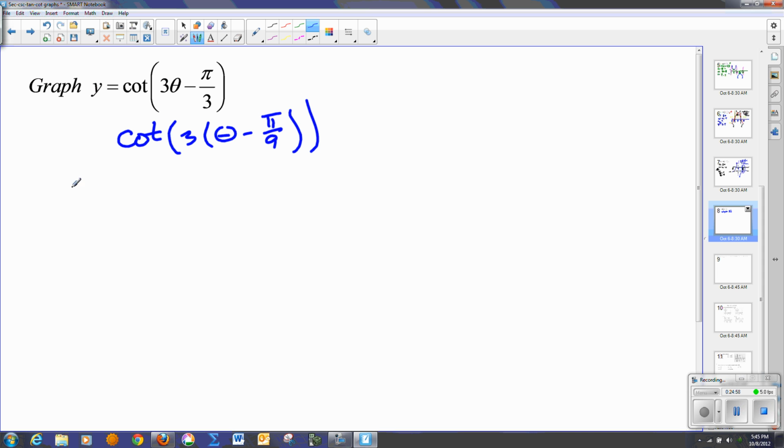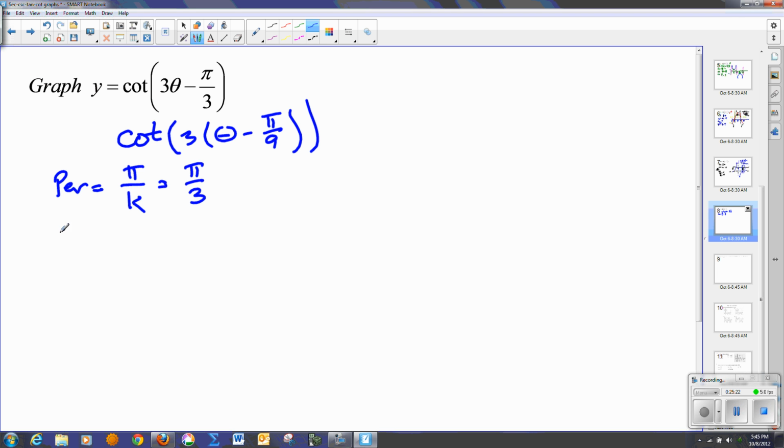And in this case, my period is going to be equal to pi over k, since the period of tangent is only pi. So in this case, I have pi over 3 for my period.